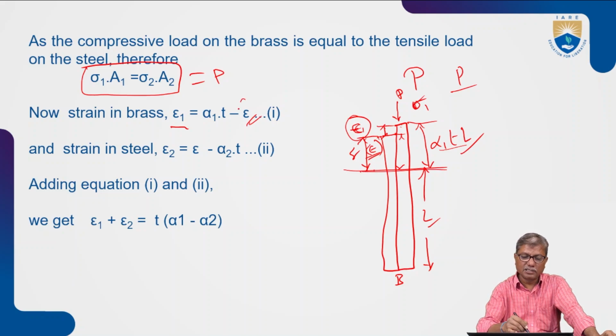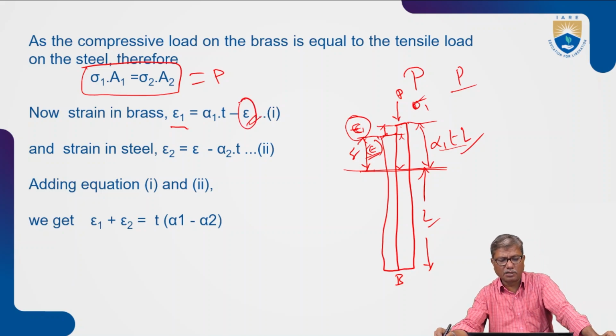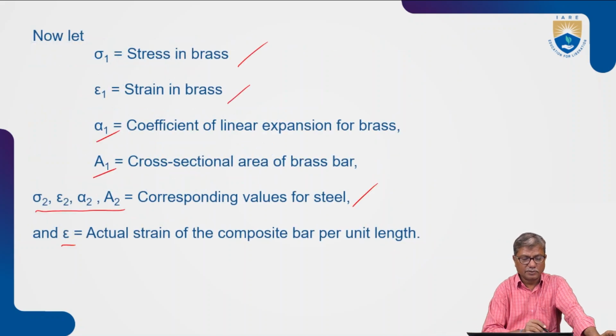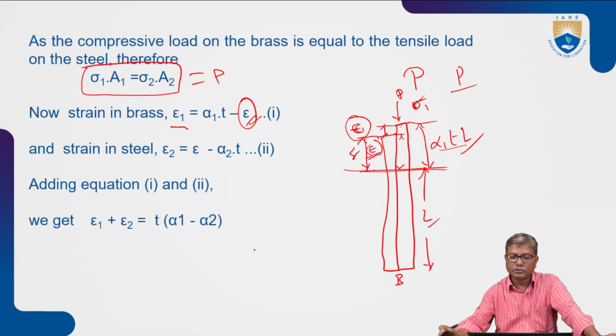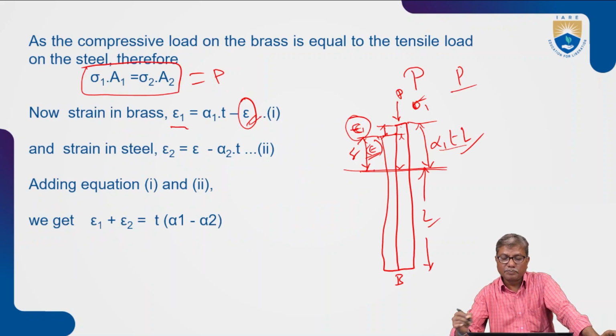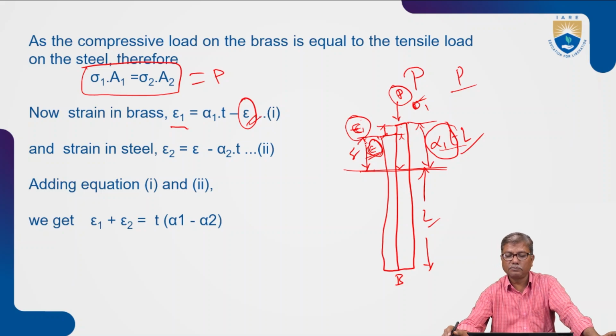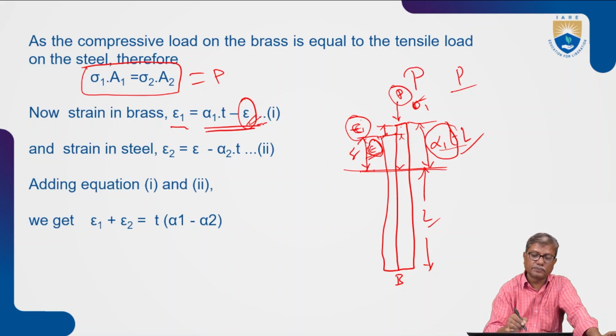So the actual strain of brass bar is epsilon. So what is the compressive strain now, due to the stress P, to which the brass bar is subjected? It is epsilon 1, which is equal to alpha 1 T minus epsilon. That is what is given here. So strain in brass bar is alpha 1 T minus epsilon.